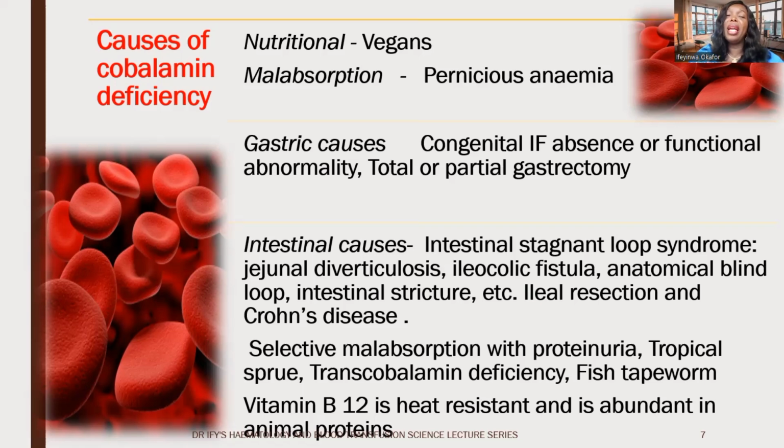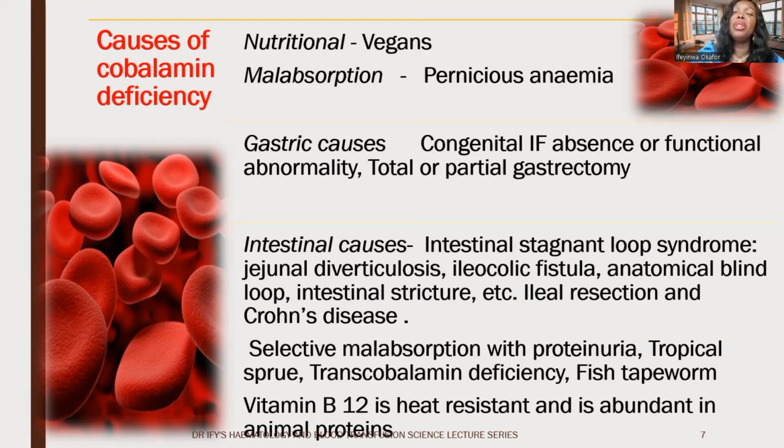Intrinsic factor can be absent as a result of diseases that affect the stomach, like total or partial gastrectomy, which can lead to the individual not being able to produce intrinsic factor. Or it can be congenital, where the individual is born without the ability to produce intrinsic factor. Anemia that occurs as a result of absence of intrinsic factor is called pernicious anemia.